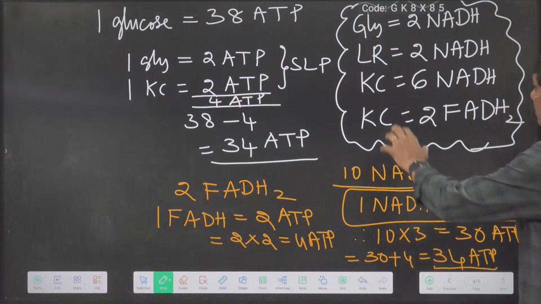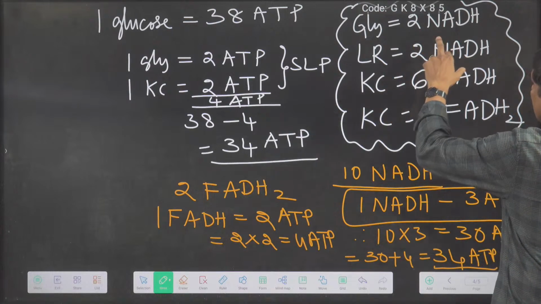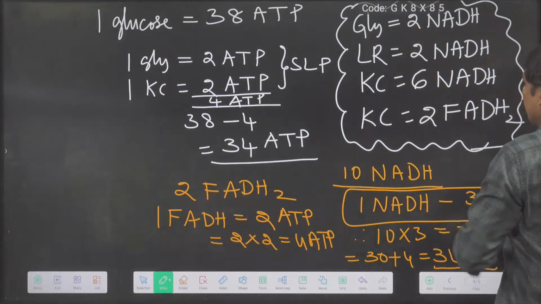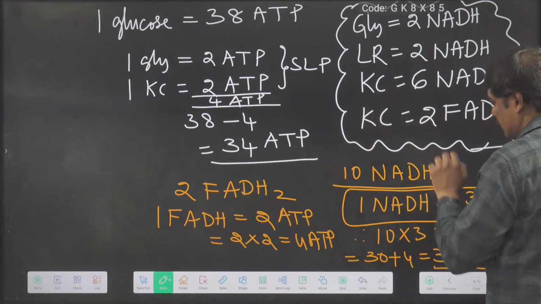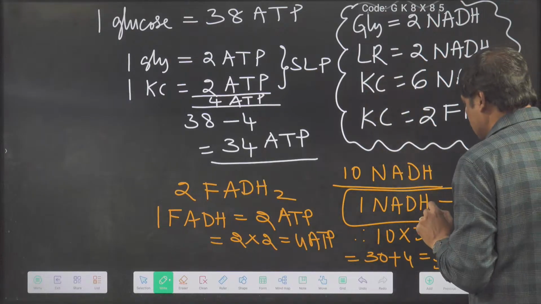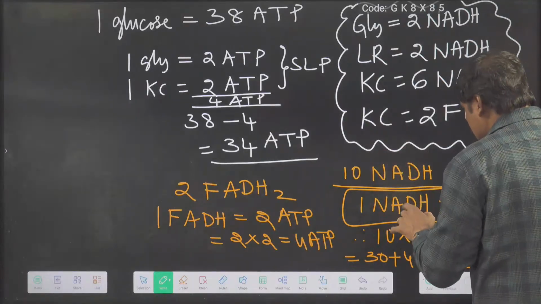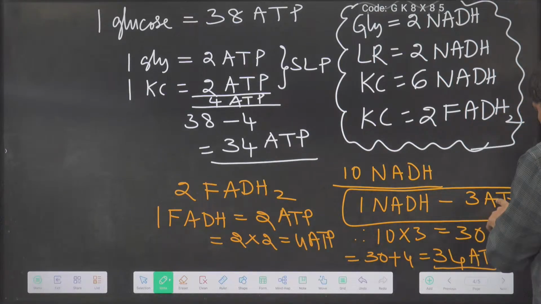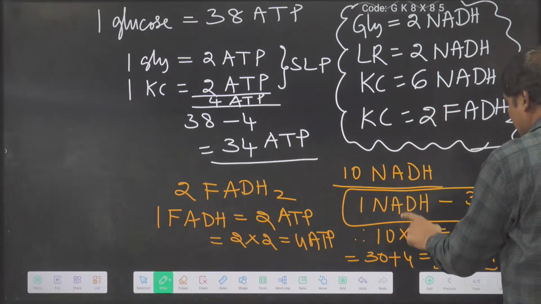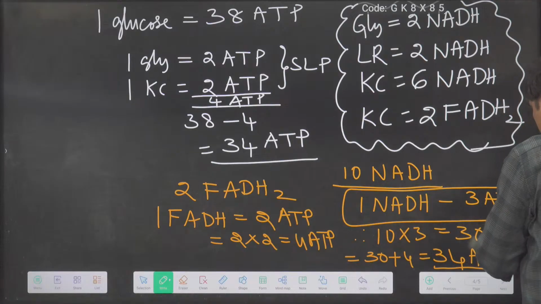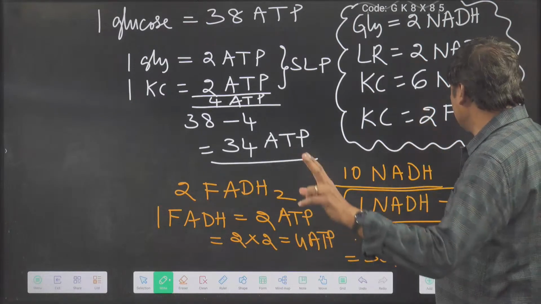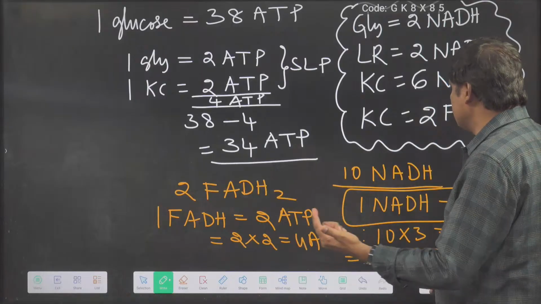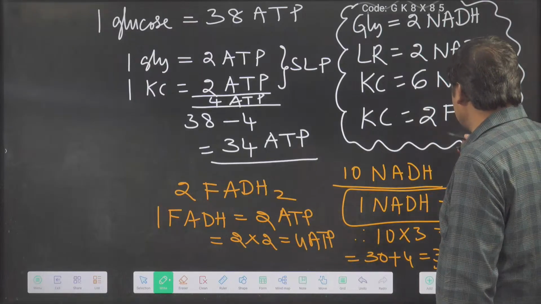Once again I will tell you, totally 10 NADH are formed. These NADH enter into the ETS, starting with the first complex, and at the end, 1 NADH forms 3 ATP. How many NADH are there? 10. 10 into 3, 30 ATP. Similarly, 2 FADH2 are formed for each glucose molecule in the Krebs cycle.